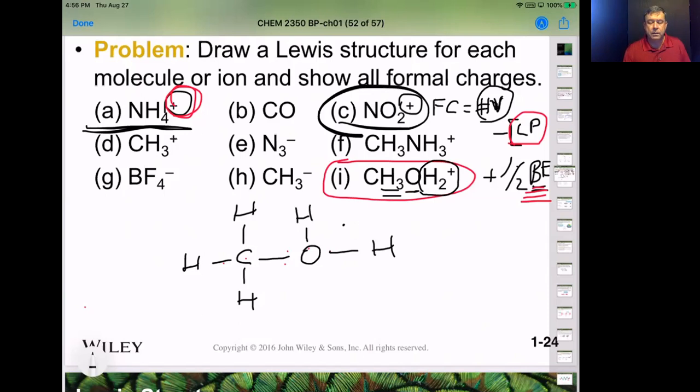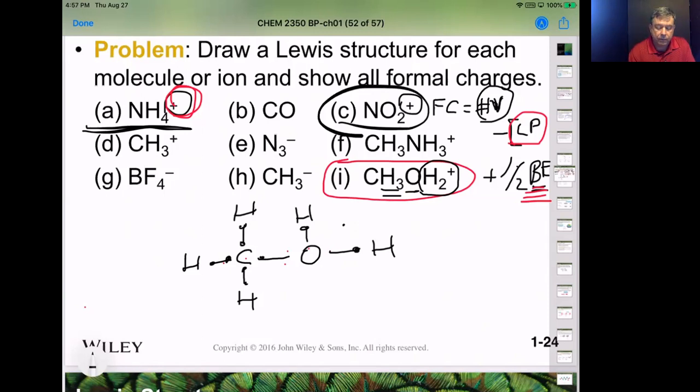Okay, so let's just count our electrons and make sure this is going to work. Carbon brought 4 electrons to the party, so 1, 2, 3, 4. Each of these hydrogens brought 1, so that takes care of those electrons. Oxygen, because it's in group 6A, has to have 6.